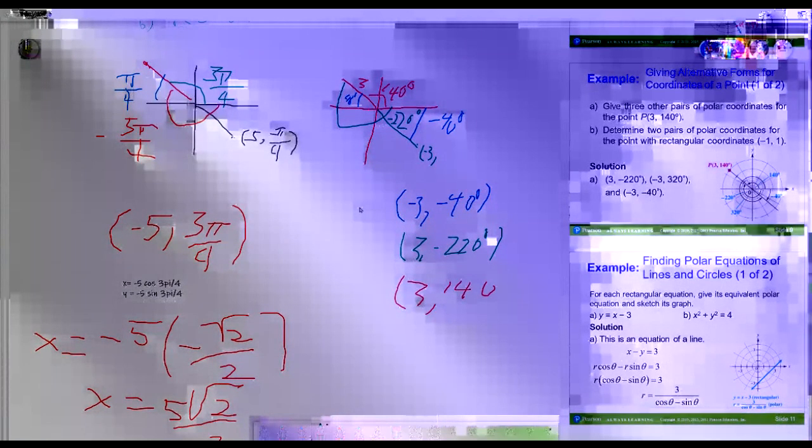All right, so you see that we have (3, -220) for the first one. So let's look at how we get these values. So (3, 140) will set us over here.